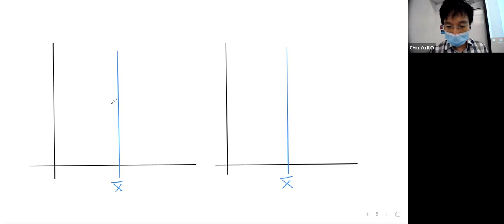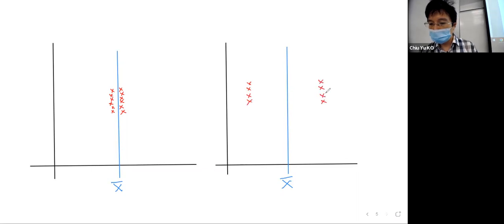Suppose this is a very little variance like this, the population data looks this way. And in another case, the data is like this way, much higher variance. So what kind of line can you draw in here? In this one, you might be getting a line like this.